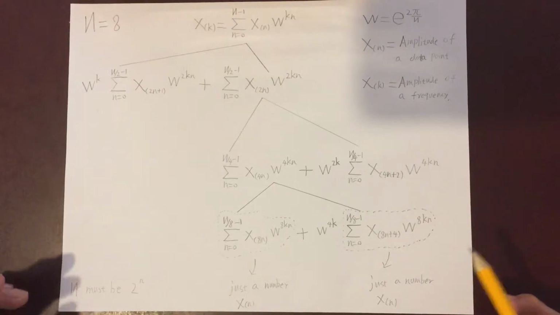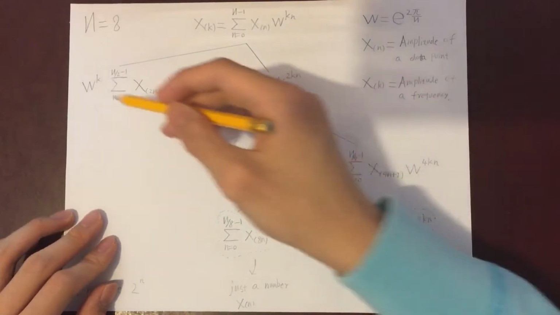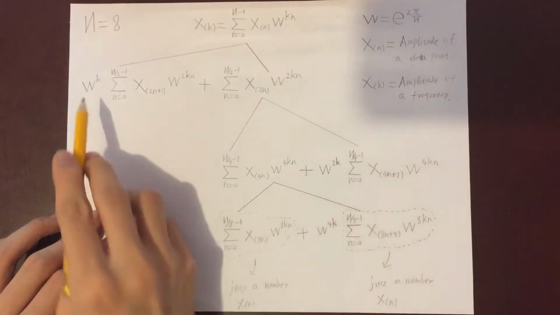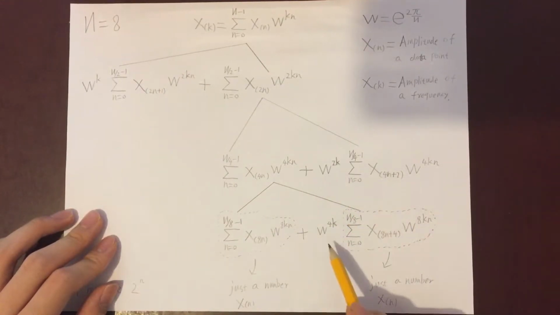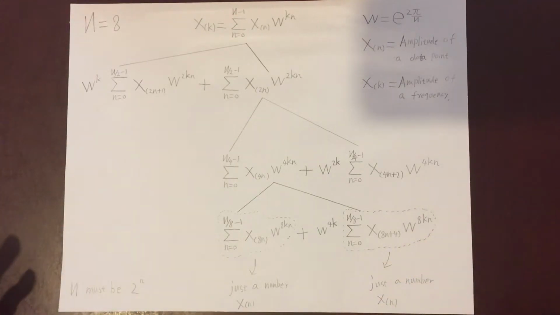The reason the butterfly diagram is so efficient is because it utilizes the roots of unity of these twiddle factors, like this one, this one, this one, W to the k, W to the 2k, and W to the 4k. Let's look at what these twiddle factors actually are and their roots of unity.